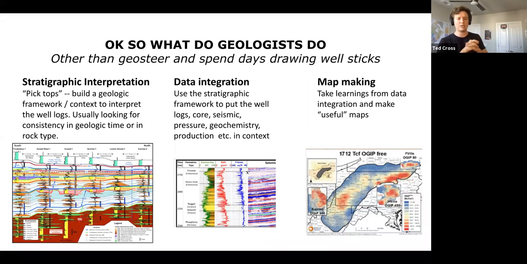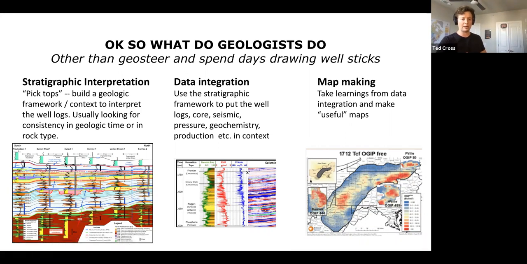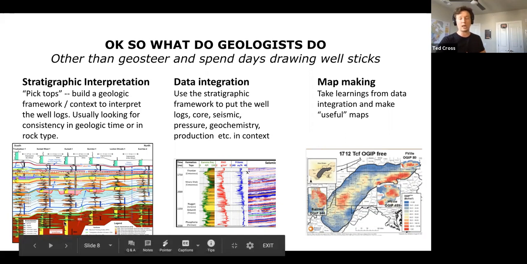with their daily lives, other than geosteer wells and spend days drawing well sticks? First is stratigraphic interpretation. What I have here are 6 wells, and for each of those there is a well log, that little squiggly line, essentially a gamma ray well log.